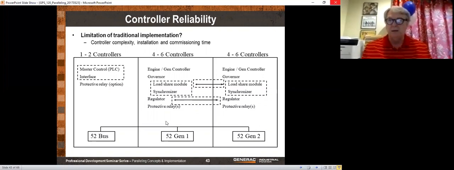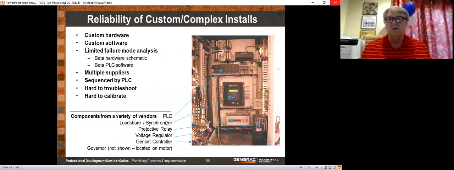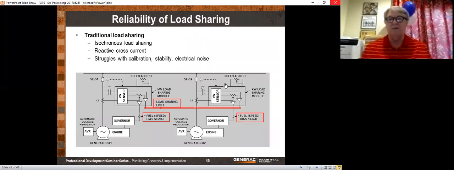Very complicated system, all of them having to talk to one another. And this is a picture which I think we have gone through in quite a lot of detail. You've got custom hardware, custom software, very difficult to troubleshoot, multiple suppliers of equipment, custom programs, hard to calibrate, and that's all replaced by a standard system.